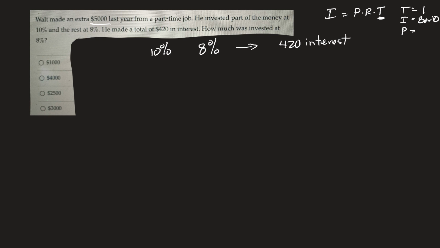And the principal, we know we have a total of 5,000 split between the two accounts. So I guess what you could do is say, well, the interest that I get from the 10% account plus the interest that I get from the 8% account, the total interest for that comes out to $420.